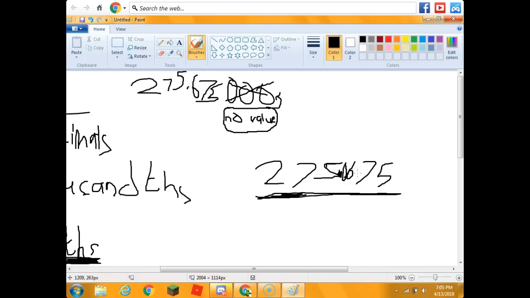You might be thinking, oh, this has no value. But the truth is that it has value. It has value because the zeros behind it have nothing to do with the actual number. But then when you put a 0 in front of it, it completely changes the number.